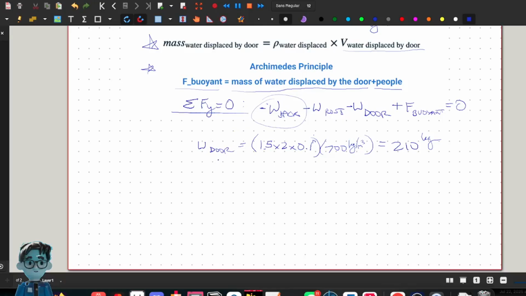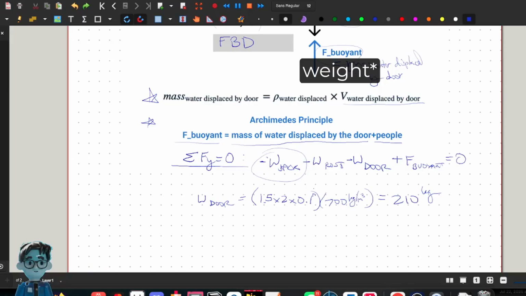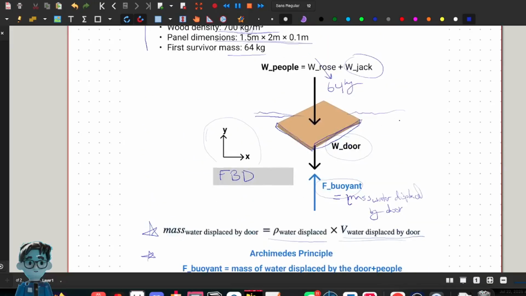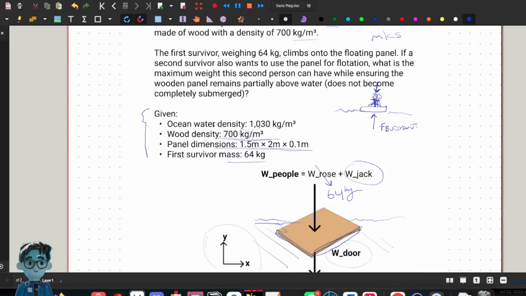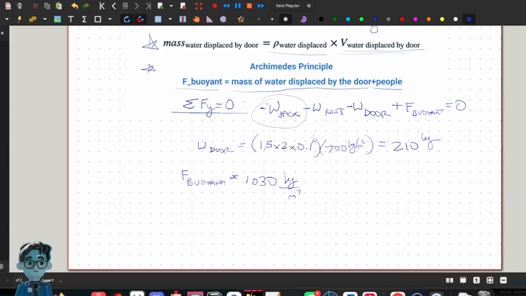Okay, and then now let's find buoyant force. So to get buoyant force, we said that it's equivalent to the mass of water displaced by the door. So buoyant force equals, using this equation, we have the density of water times the volume displaced by the door. So density of water, we're using this water, and they give us the density of the salt water, 1030 kilograms per meter cubed, and we're multiplying this by the volume of water displaced by the door.